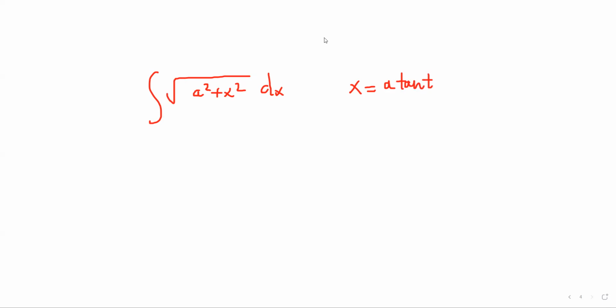We can also have something different. For example, let's suppose we have the integral with x squared minus a squared. It is completely different here. So we can do x equals a times secant t. What does it mean?